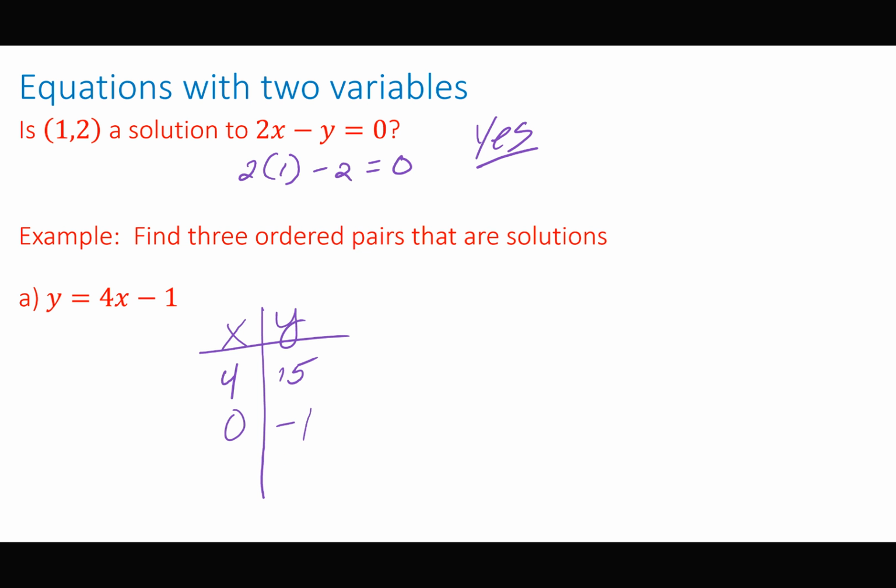Okay. Alyssa, give me another value. Give me a value for x. -1. Okay. Alyssa, what's 4 times -1 minus 1? Perfect. So we have 3 points. So 4 comma 15, 0 comma -1, -1 comma -5.